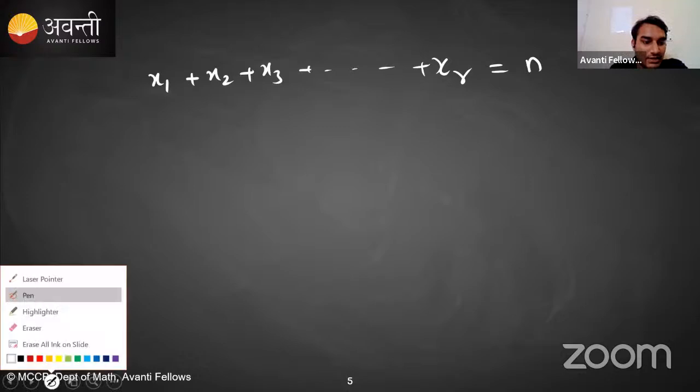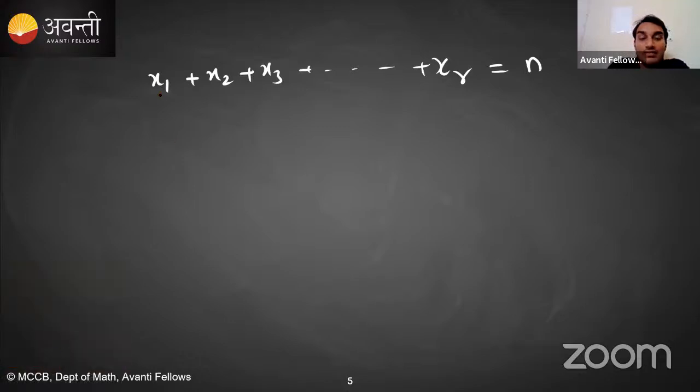One of the solutions might be x1 is 1, x2 is 1, all others are 0, and xr is n minus 2. So this is also one way of solution, and the rest of the x are 0.